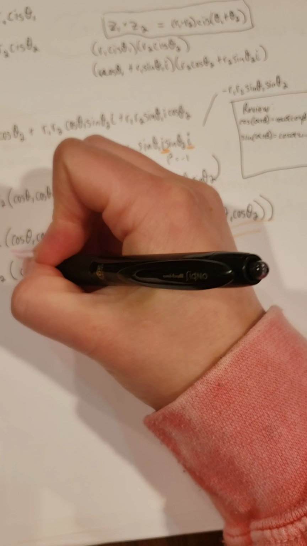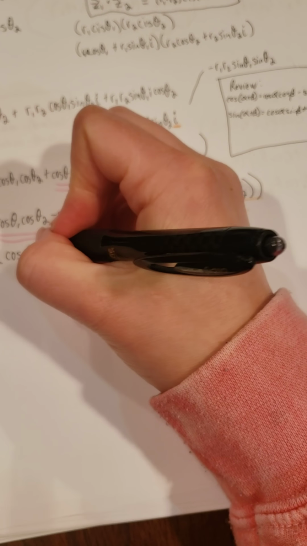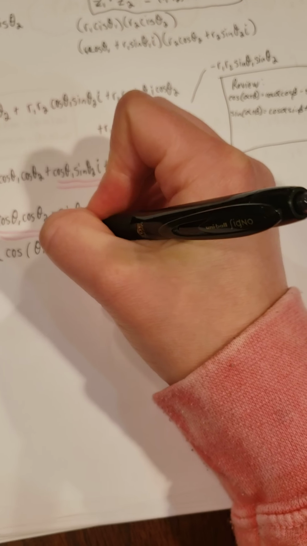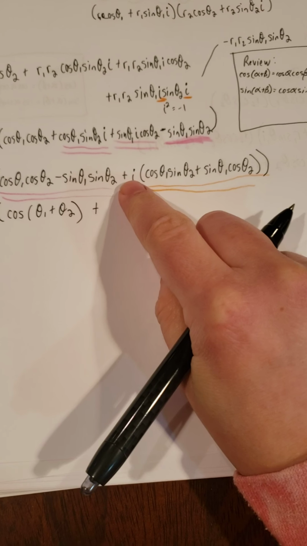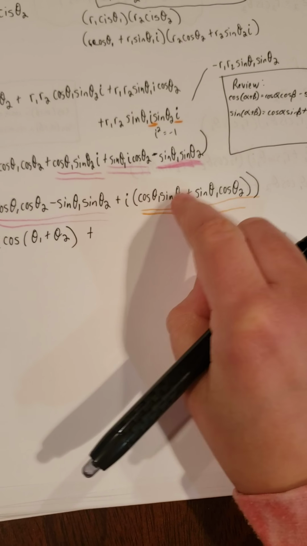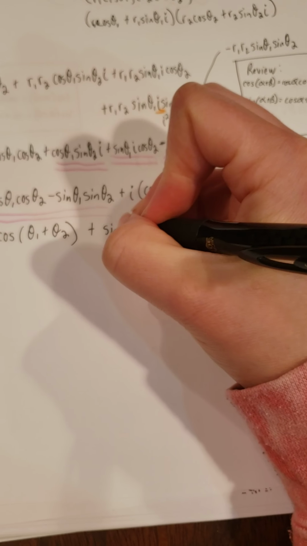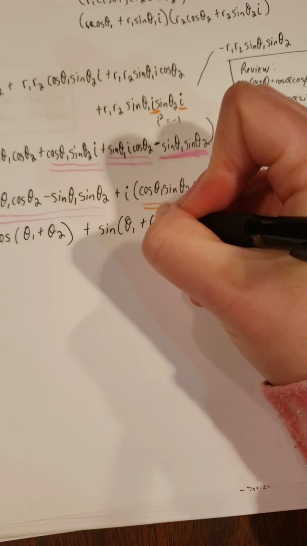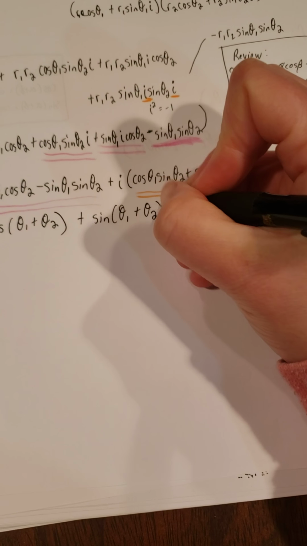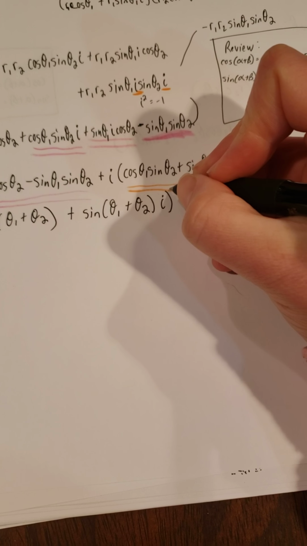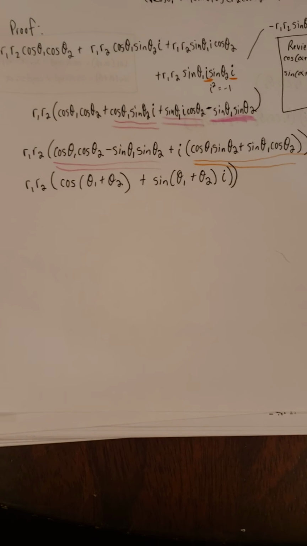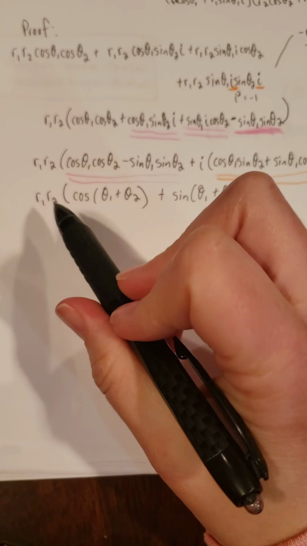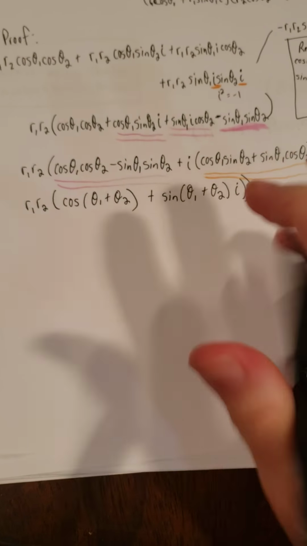This is cosine of theta 1 plus theta 2 plus, but we don't usually write the i on the left. We usually write it on the right-hand side here. So plus sine theta 1 plus theta 2 times i. And so, if we were to now multiply this out, now look, this is a, this is b right here.